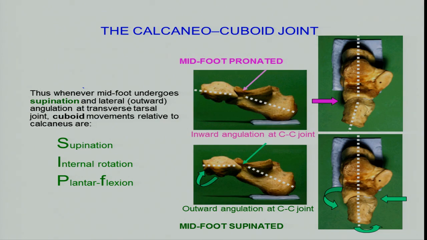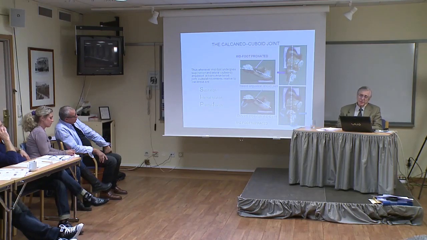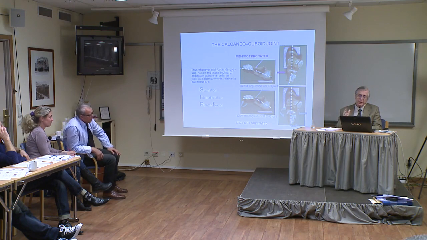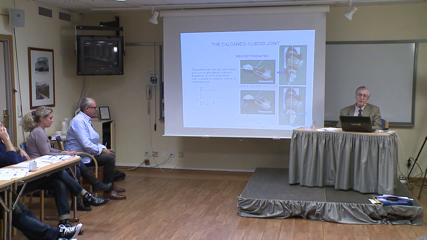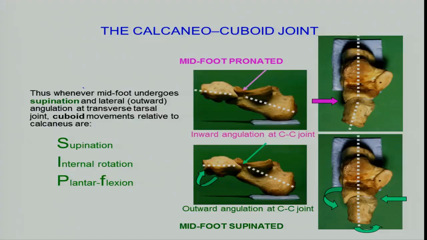Very difficult to explain. If you haven't quite organised it in your mind, then I'm sorry, but these are the movements in the three planes that the cuboid makes in relationship to the calcaneus.